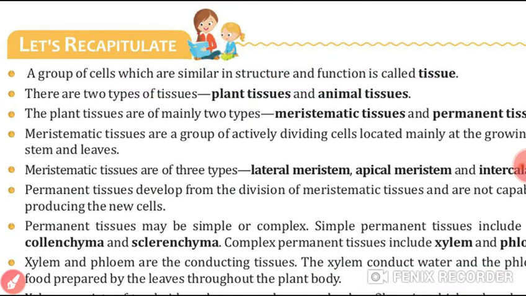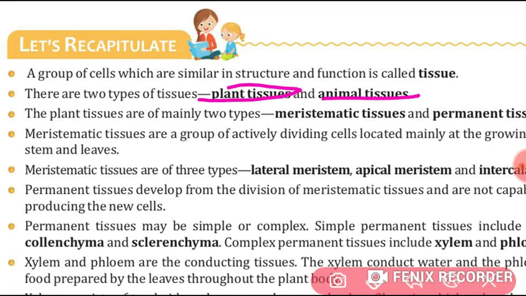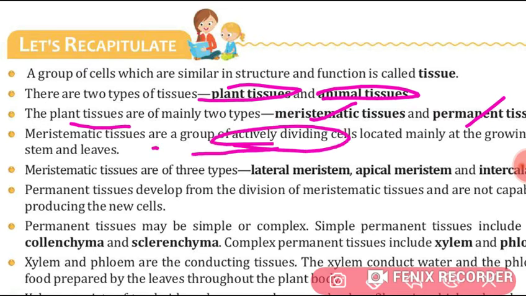How many types of tissues are there? Two types: plant tissue and animal tissue. Plant tissues are of two types, meristematic tissues and permanent tissues. Meristematic tissues are groups of actively dividing cells. Where are they located? Mainly at the growing stem and leaves.